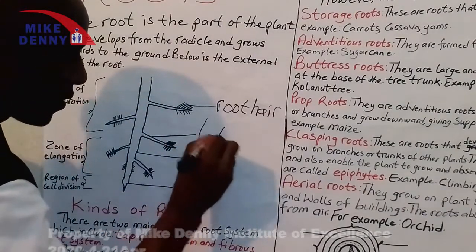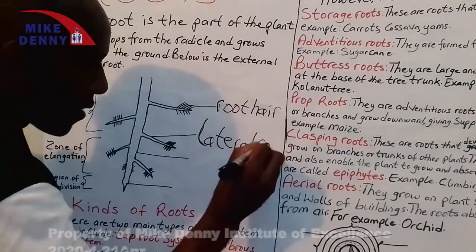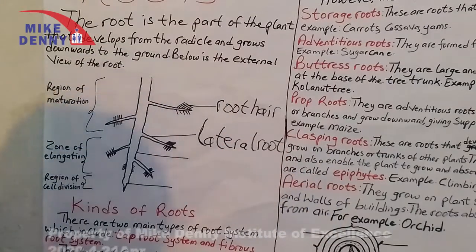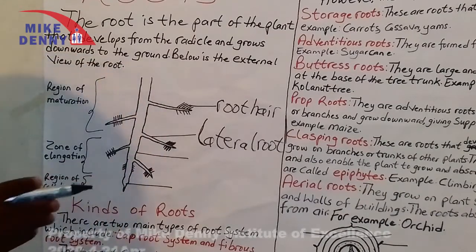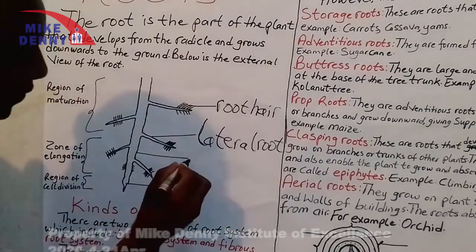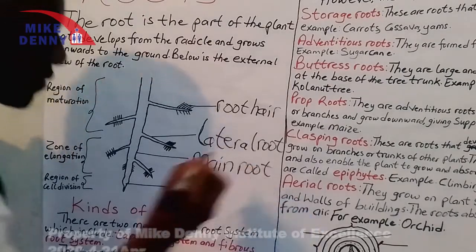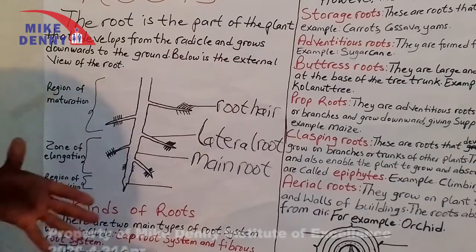Good. Then the other part, can somebody suggest? Somebody says deep root. No, it's not deep root. This part in the middle, we call it the main root. That's the main root of the plant, from where the lateral roots develop.